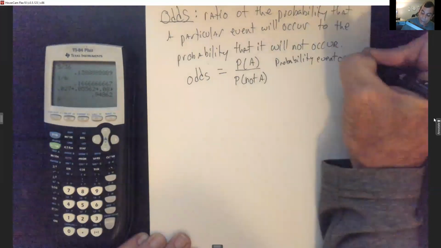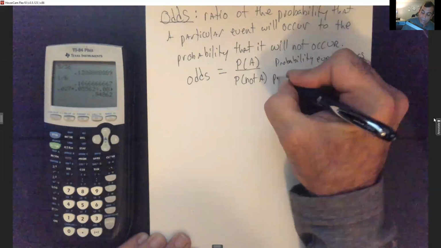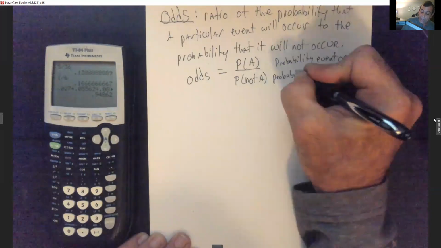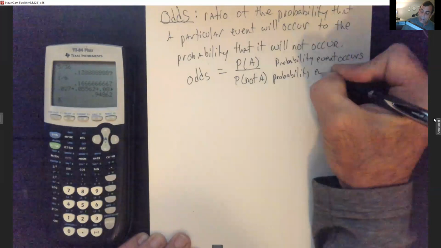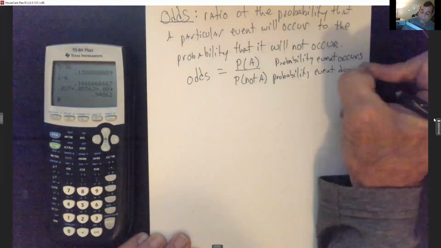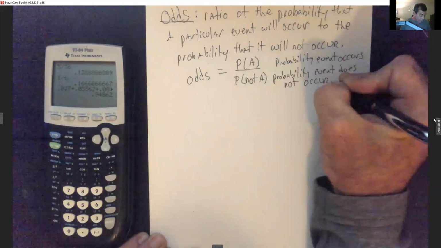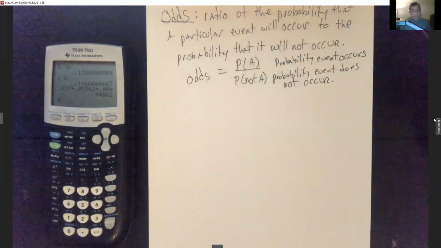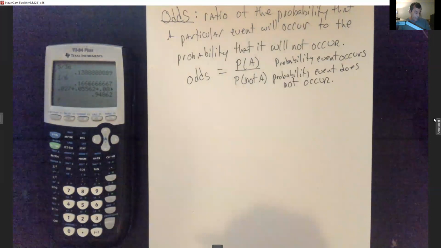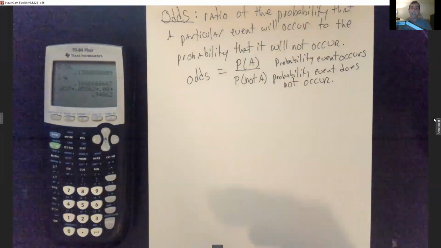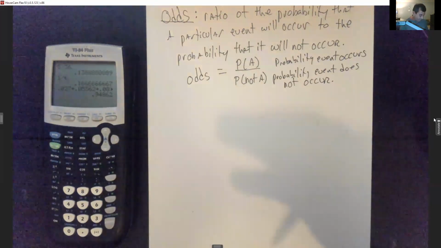This is the probability the event does not occur. Now when you're in gambling, the term odds on generally means the odds against, okay?